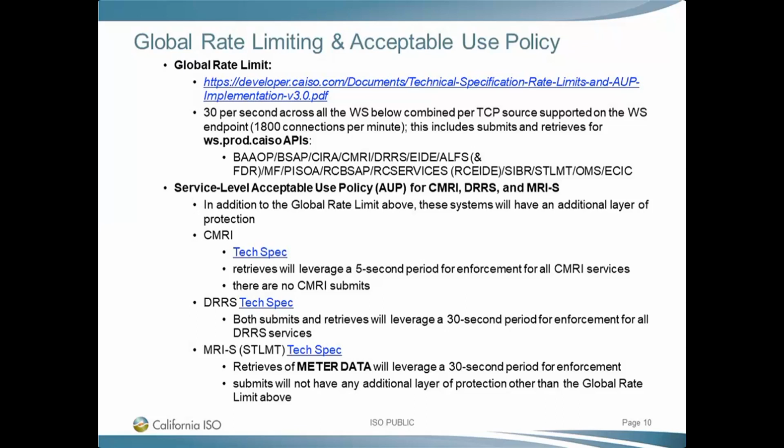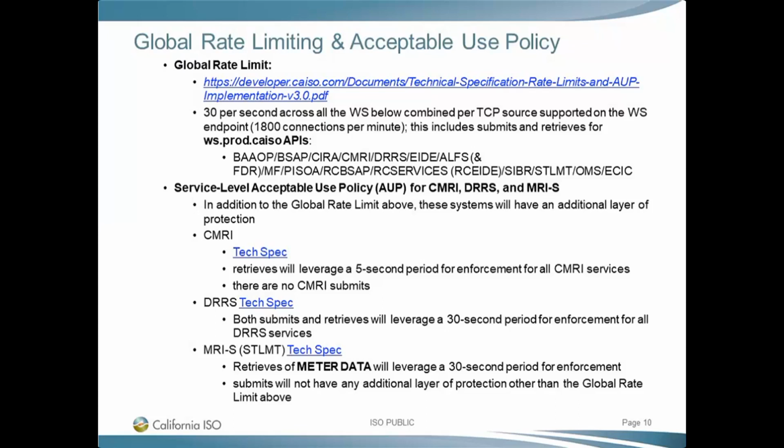Hi, Lisa from Parix. I just wondered, the global rate limit, that does not apply to ADS? So it's by namespace. So that global rate limit will run against OASIS. The OASIS namespace is oasis.prod.kiso, and then we'll have this run against ws.prod.kiso.